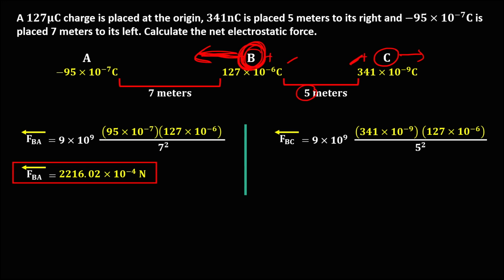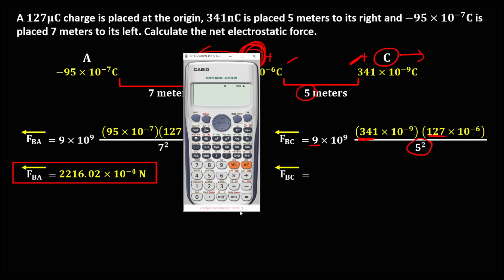Then to find the force between B and C, multiply first these three numbers, then divide by 5 squared. So we have 9 times 341, then times 127, then equals, then divide by 5 squared.